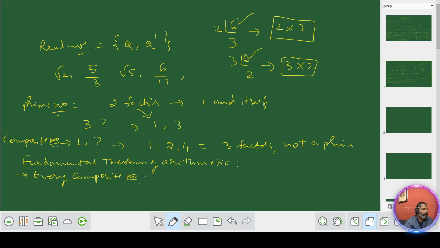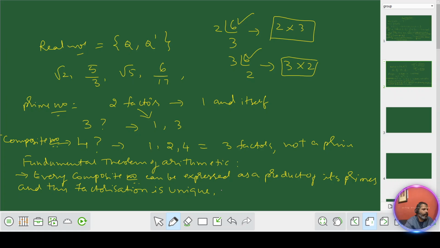Every composite number can be expressed as a product of its primes, and this factorization is unique apart from the order in which they occur. They means here factors.